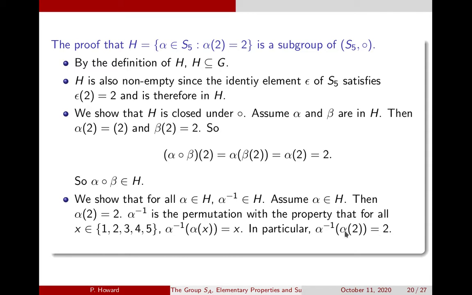But we are assuming that alpha of 2 is equal to 2, so we know that alpha inverse of 2 equals 2 by replacing alpha of 2 by 2 in this equation. This completes the argument that alpha inverse is in H.